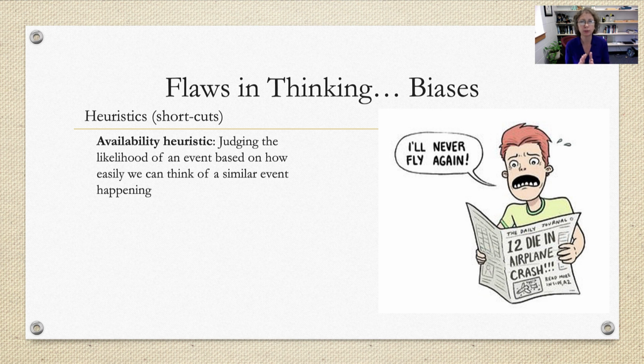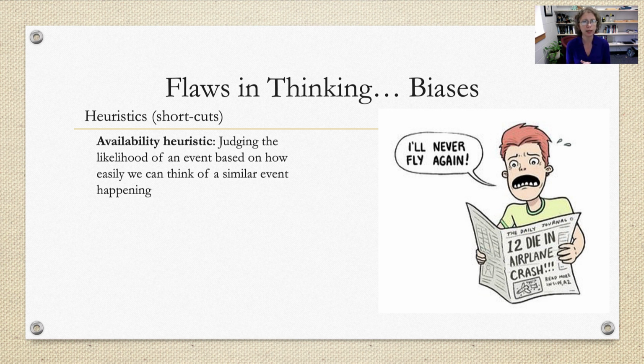We're trying to determine really fast if this is a safe situation for me to be in or not, and we don't really have time to test every potential condition out. We need to know right now. So these are different types of heuristics that can create flaws in how we come to decisions.